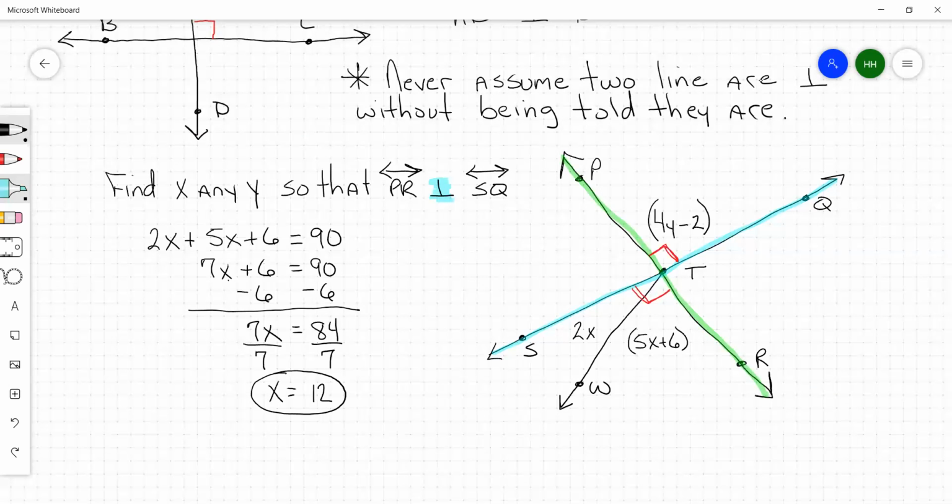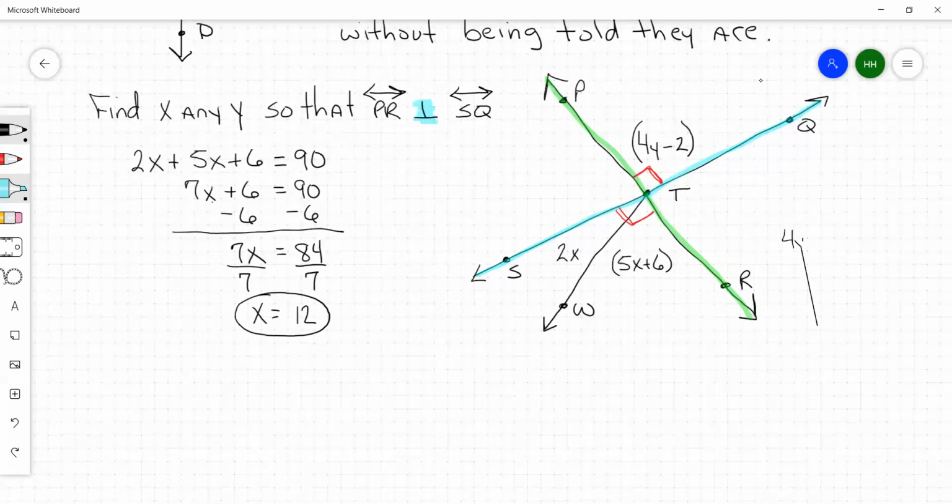And then for these lines to be perpendicular, what does the 4y minus 2 have to be equal to? 4y minus 2 represents this angle formed. See my cursor? It's this angle right here.